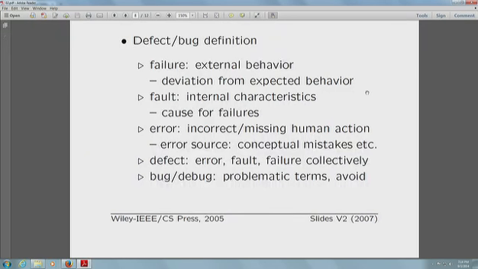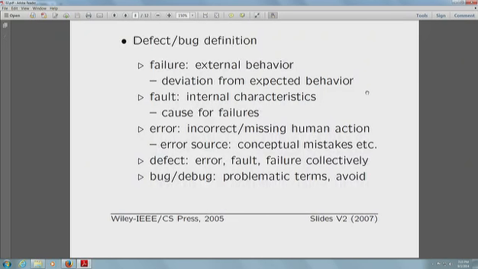That's the failure. So you have the causal chain from error to fault to failure. In general, if we don't distinguish between them, we lump them together and call them defect.